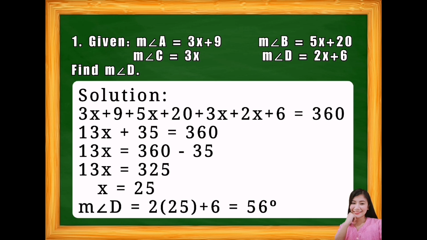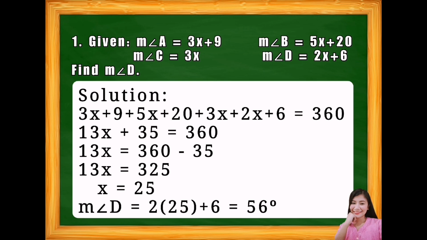So let us add the sum of all angles. We have 3x plus 9 plus 5x plus 20 plus 3x plus 2x plus 6 is equal to 360.